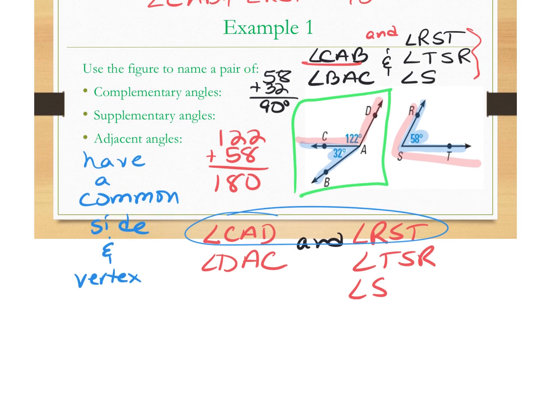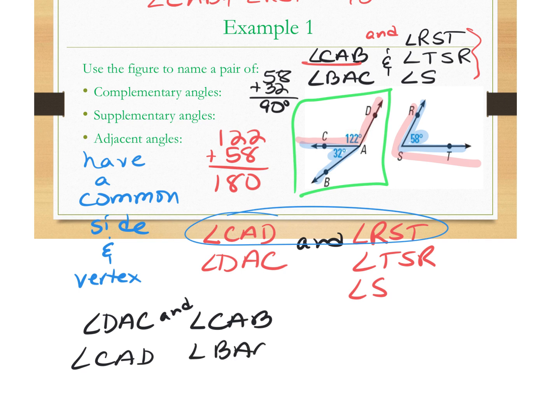So I can name it as angle DAC along with angle CAB. So I could write the word and. If I would have listed it in reverse, CAD, and this one in reverse, BAC, either way. But again, you need to name them with 3 letters. You can't just say angle A because there's 2 different angle A's in the picture.